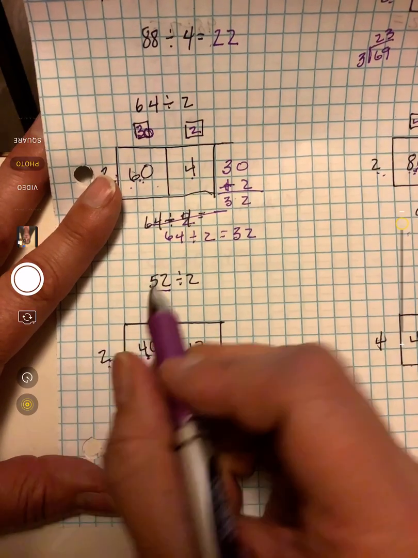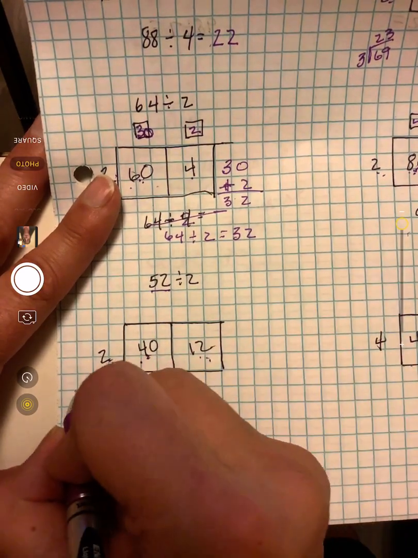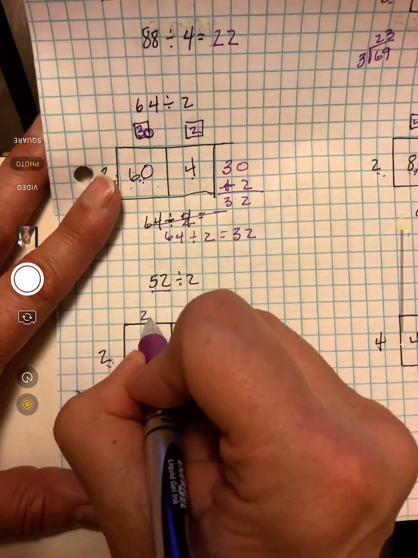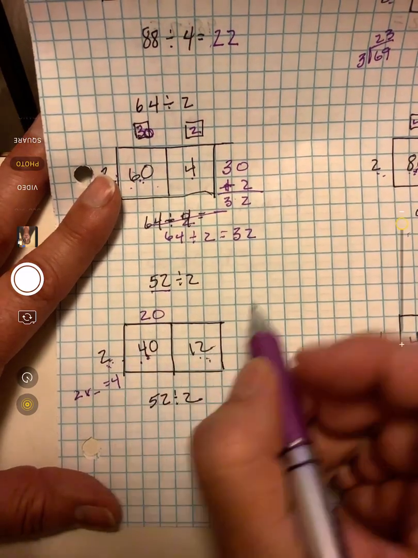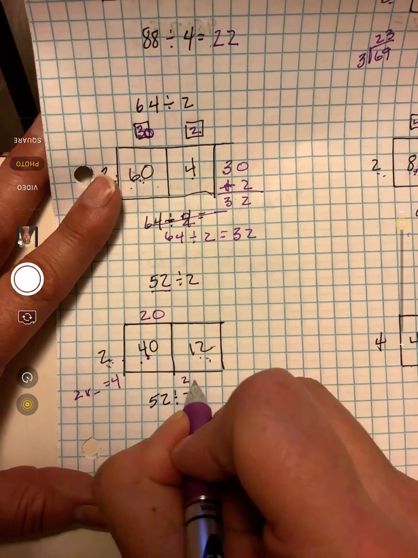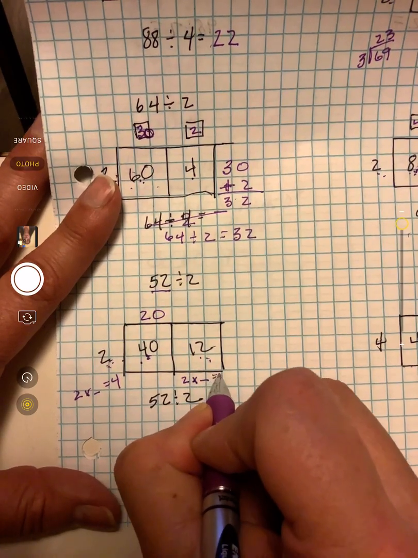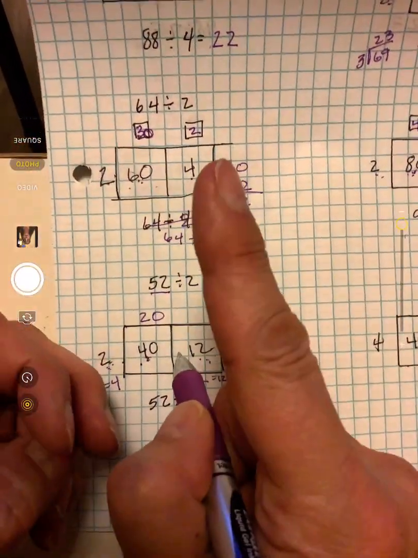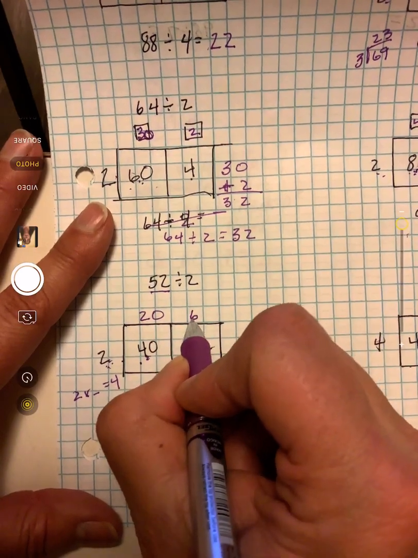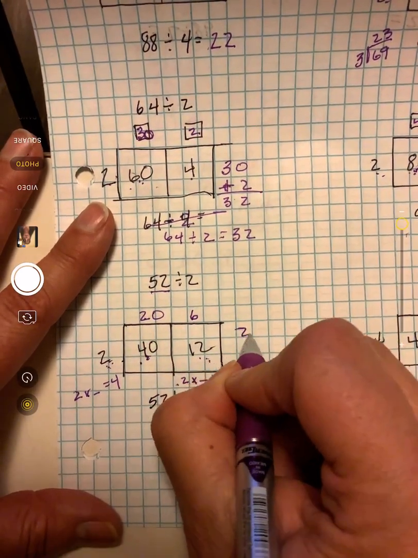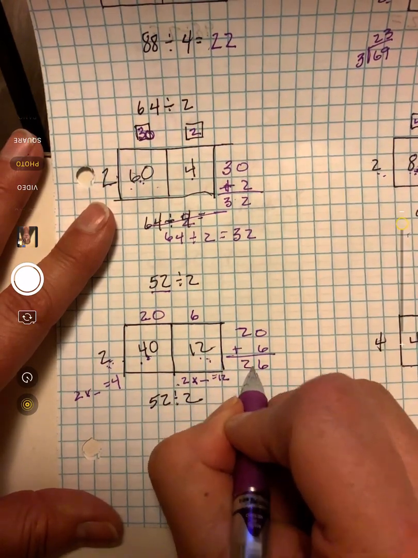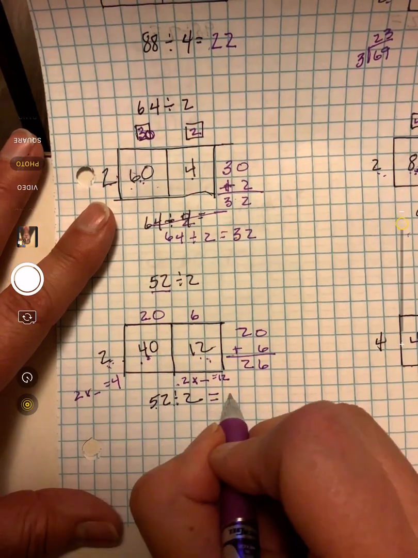So 4 divided by 2, or 2 times what equals 4? 2 times blank equals 4. 2 times 2, and then we add the 0. 2 times what equals 12? 2 times 2, 4, 6, 8, 10, 12. 2 times 6. So we have 20 plus 6 equals 26. So 52 divided by 2 equals 26.